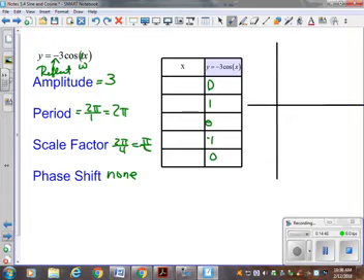It's the same answers for sine and cosine. And then our x's, we're going to start on negative pi over 2 because our scale factor is pi over 2. And we're going to go by halves.